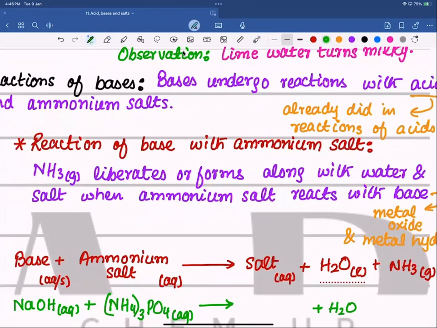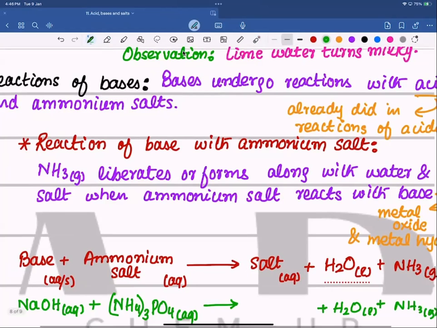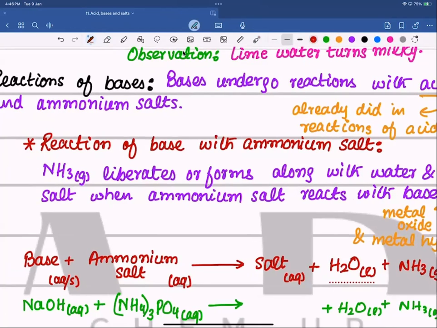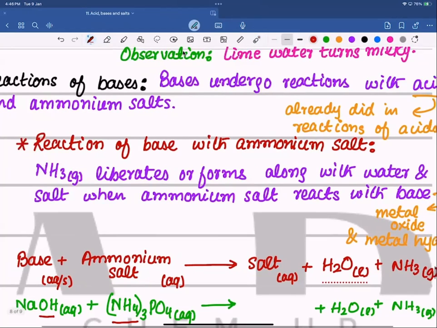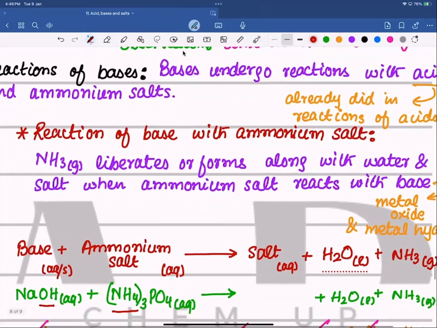Water and ammonia. It's not carbonate. In carbonate, we will get water and carbon dioxide. So we will be getting water and ammonia. This water and ammonia are formed from the ammonium ion and the OH.